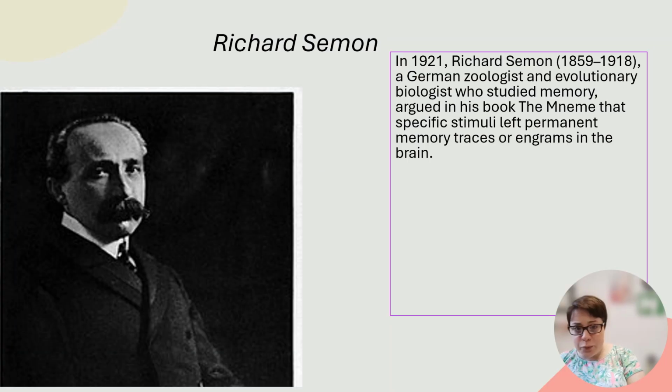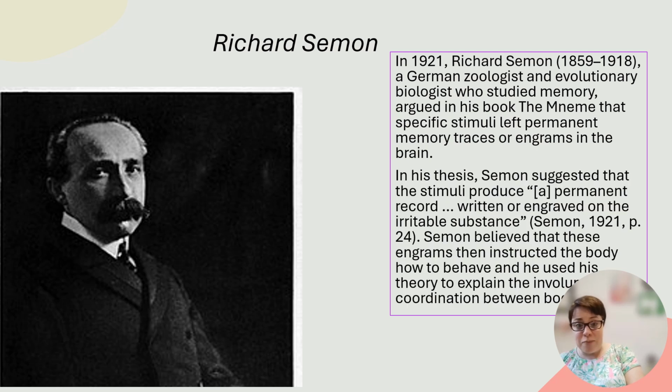In 1921, Richard Semon, a German zoologist and evolutionary biologist interested in memory, argued in his book The Mneme that specific stimuli left permanent memory traces or engrams in the brain. Semon's hypothesis revived Plato's memory analogy, suggesting that memories were like impressions carved into a wax tablet.